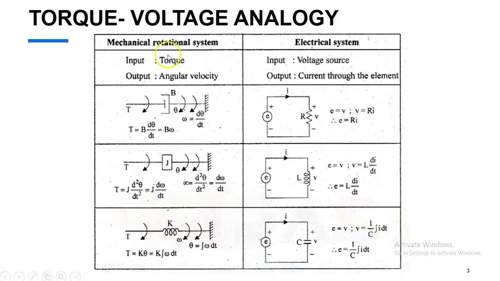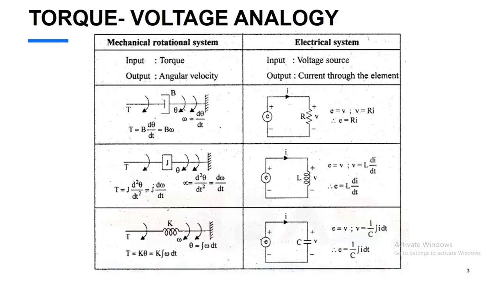In this mechanical rotational system, the input is a torque which is equivalent to a voltage source in an electrical system. The output is angular velocity, which in an electrical system is the current through the elements.